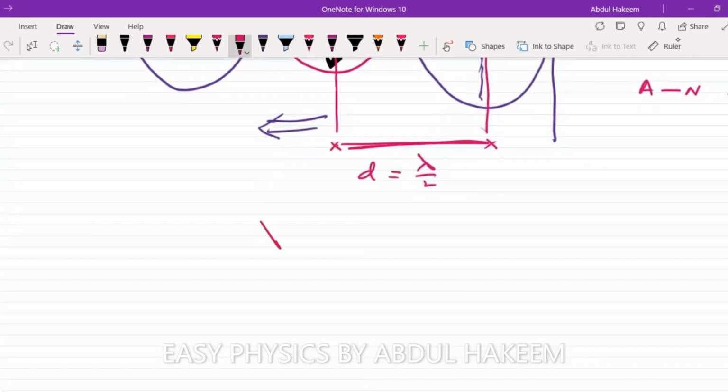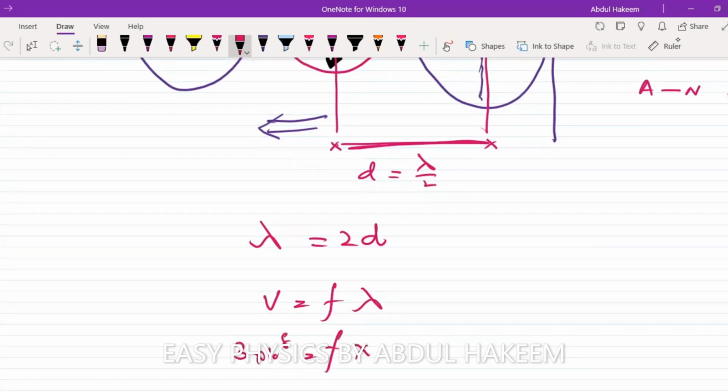So lambda is determined, twice the distance D. All electromagnetic waves travel with the speed of light. So v is equal to f lambda, where v is the speed, 3 into 10 power 8. The frequency can be determined using this formula. And similarly, we can use sound to measure the wavelength and the frequency of the sound wave with the help of the stationary wave.